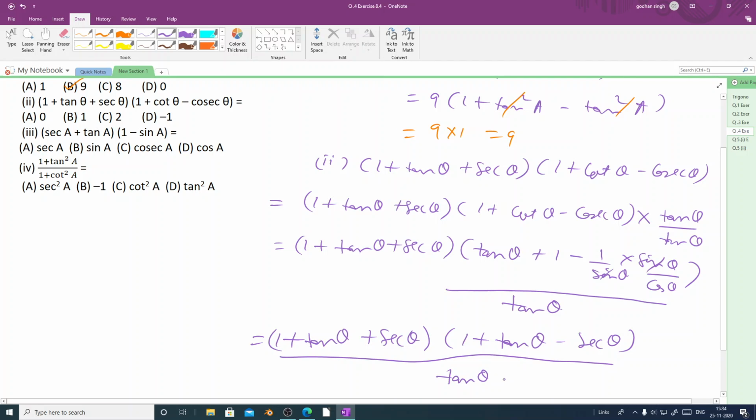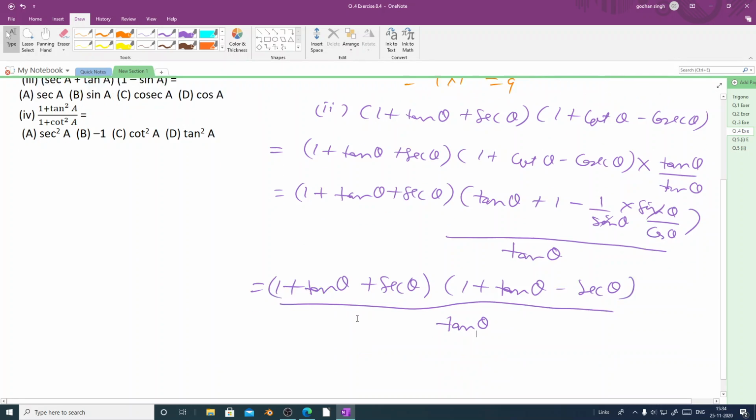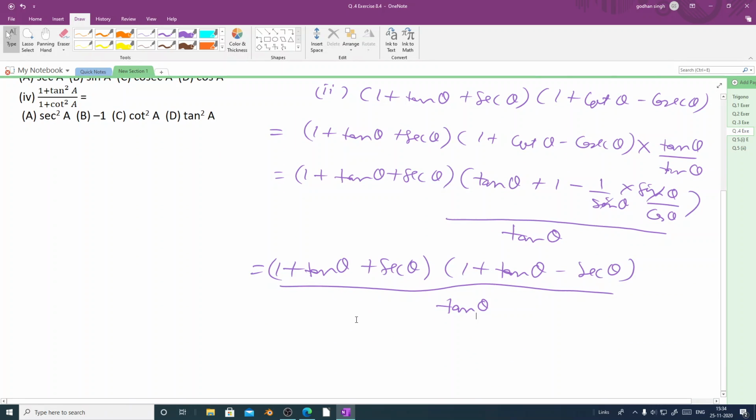Now what we can do, we can take 1 plus tan theta as a, we can group 1 plus tan theta, this whole we can write as a and this is b. So what we will be getting here is a plus b into a minus b.